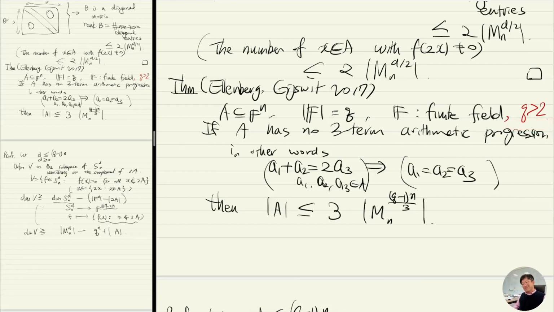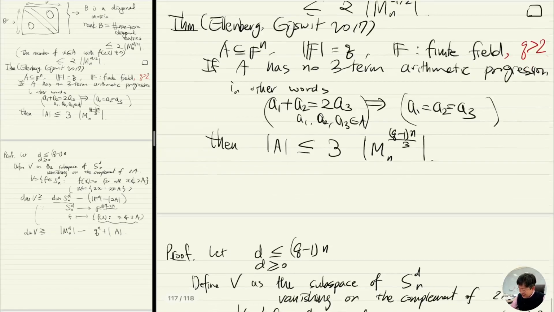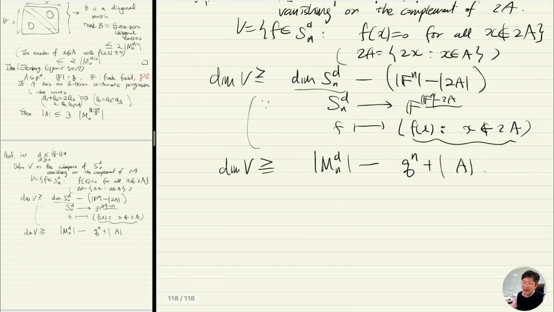I mean, it doesn't make sense if the field has size 2, right? So let's assume q is bigger than 2. Right. So this is one inequality that we have.